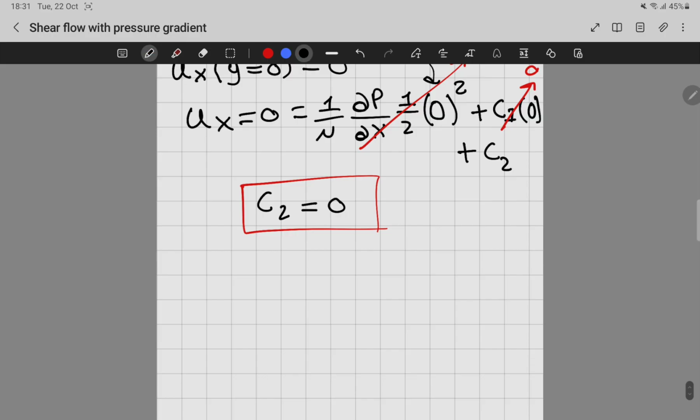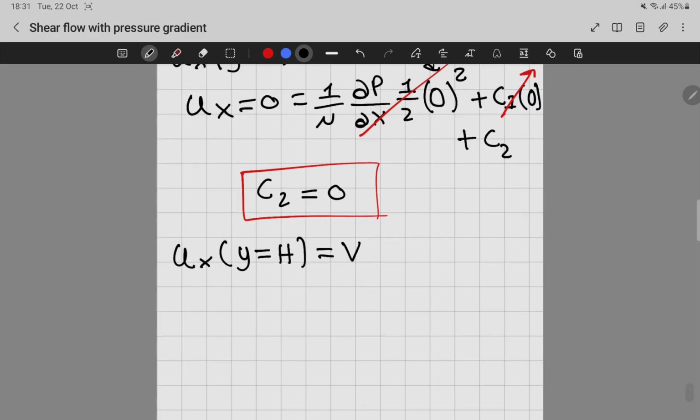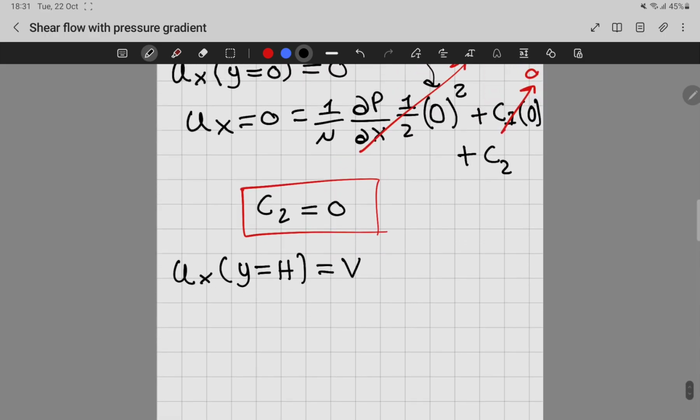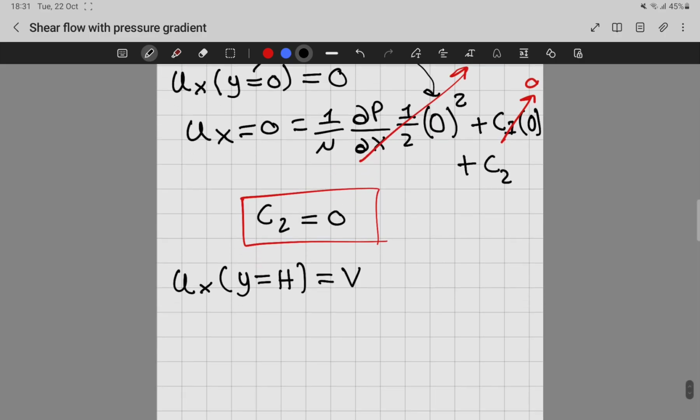Now at the top plate, so that means that the velocity when y is equal to h is equal to b, the value of the velocity at the top plate.